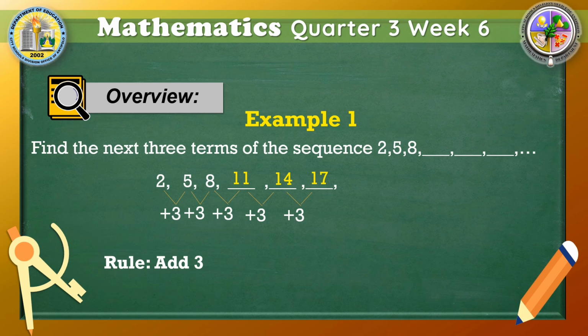And 14 plus 3 equals 17. Therefore, the next three terms of the sequence are 11, 14, 17. The sequence is 2, 5, 8, 11, 14, and 17.